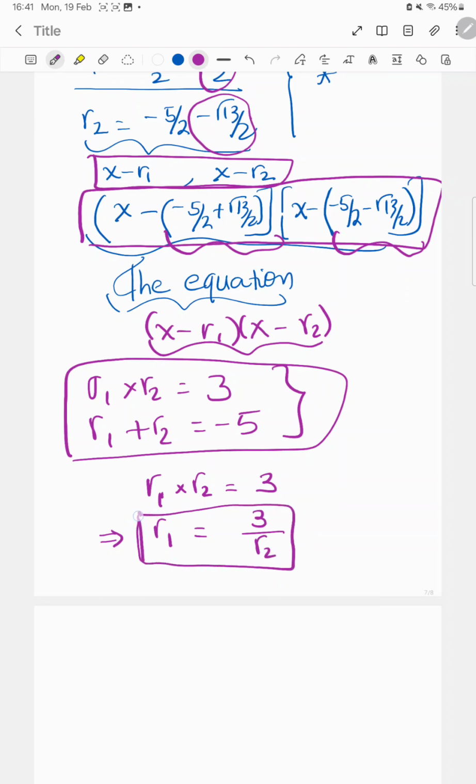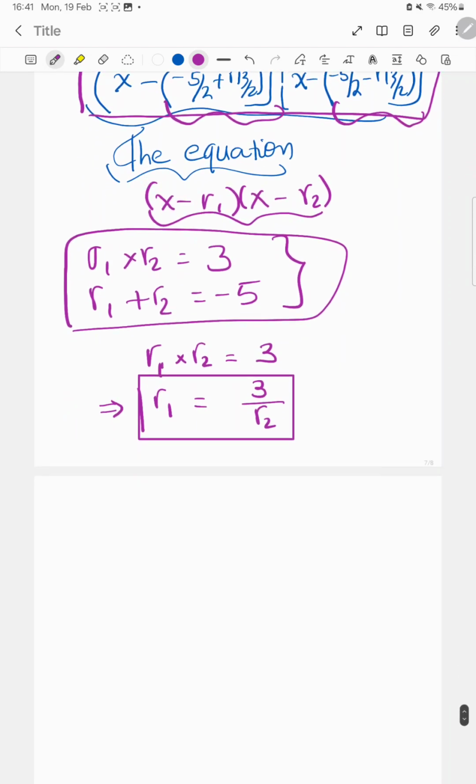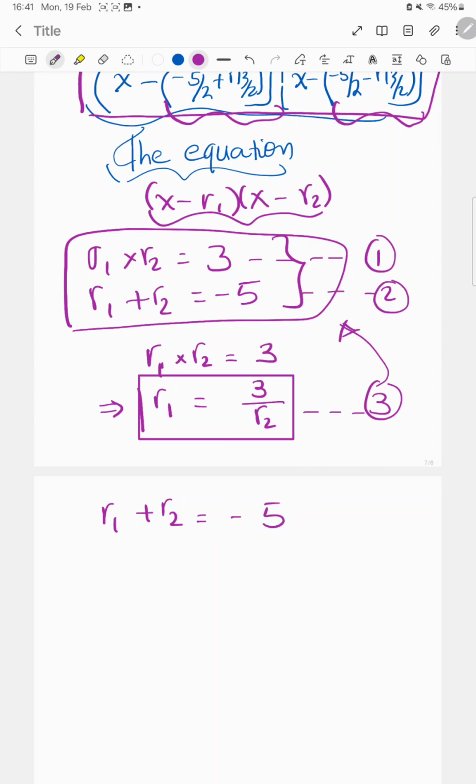Let's take that fact. Once we have this from equation 1, we go back to equation 2 and substitute equation 3 into equation 2. r1 plus r2 is equal to minus 5. Let's replace r1 by 3 over r2 here.